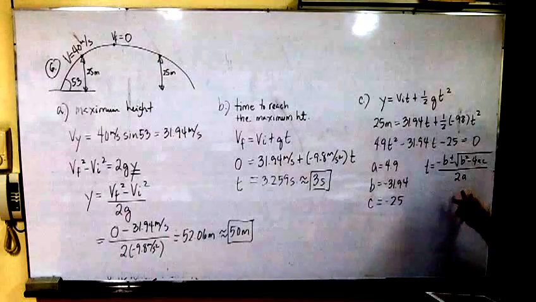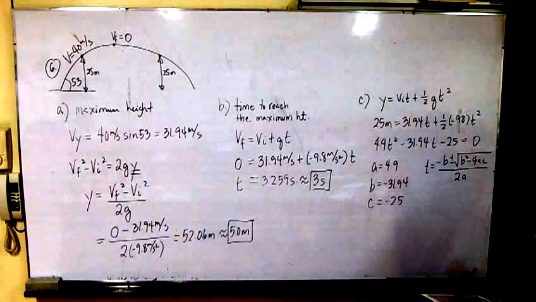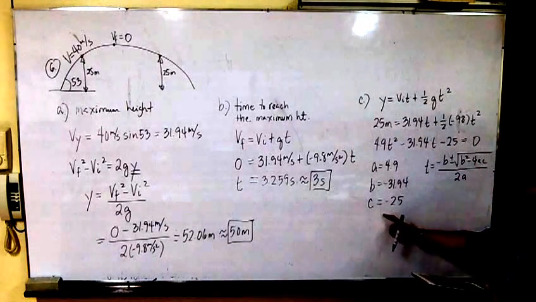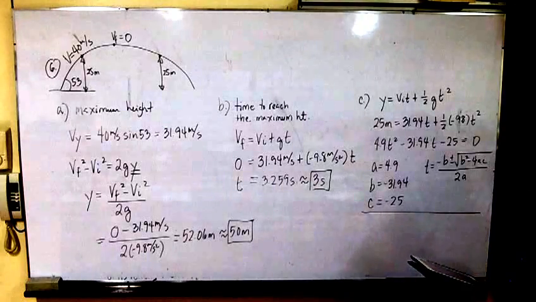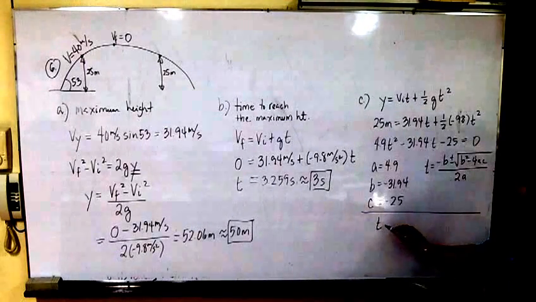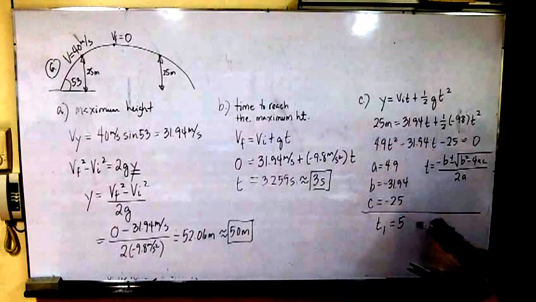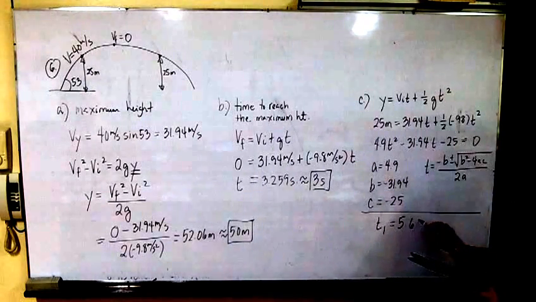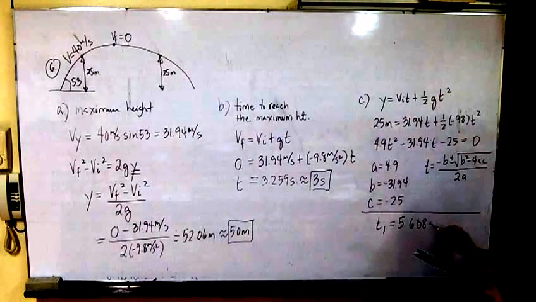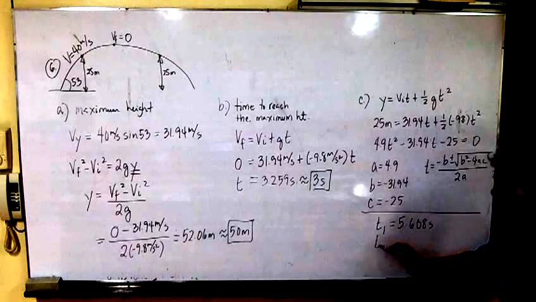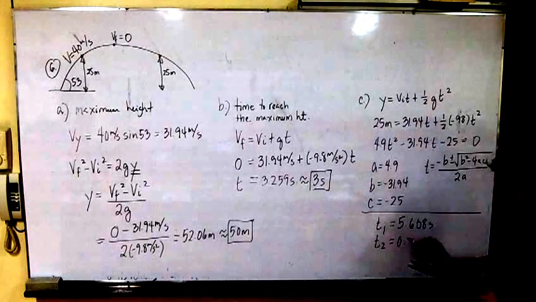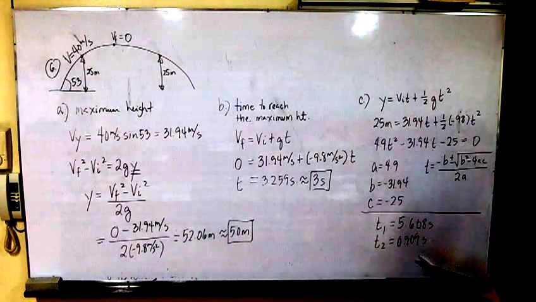You can do away with this if you're going to use your scientific calculator. Okay, that would be a shortcut. By using your scientific calculator, you should be able to get the following answers. T sub 1 is 5.608 seconds. And T sub 2 is equal to 0.909 seconds.